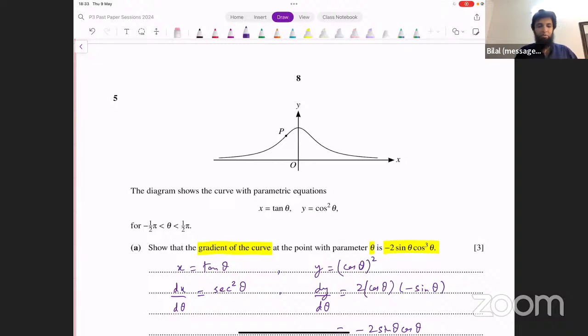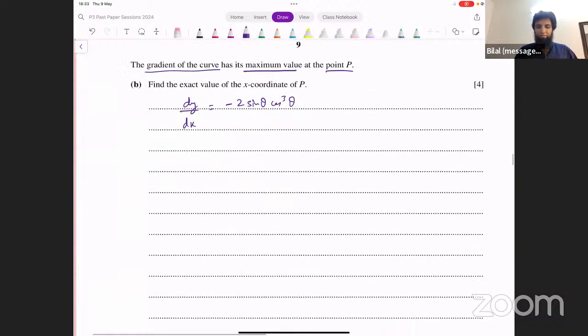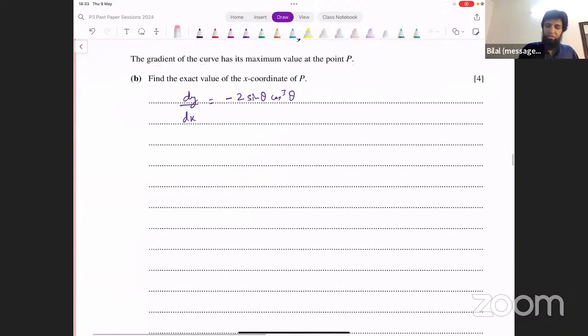How do you find this point? This is the point where the gradient of the curve is maximum. What represents the gradient of a curve? Dy over dx, that is basically the gradient of a curve. This represents the gradient of a function, dy over dx.